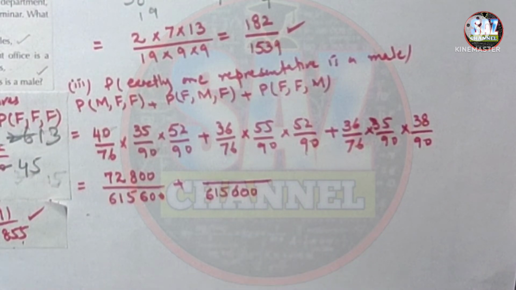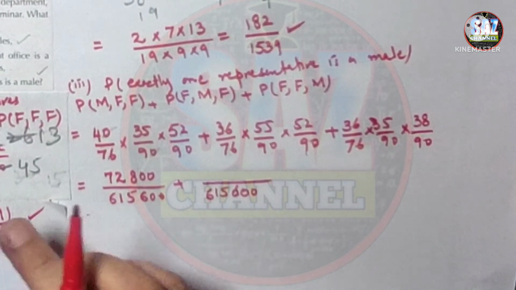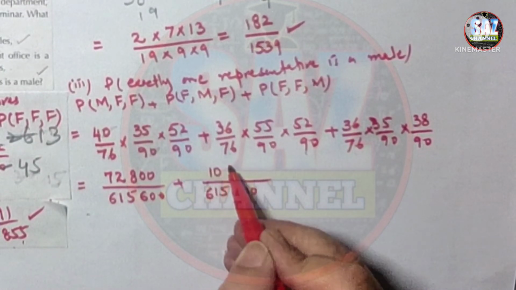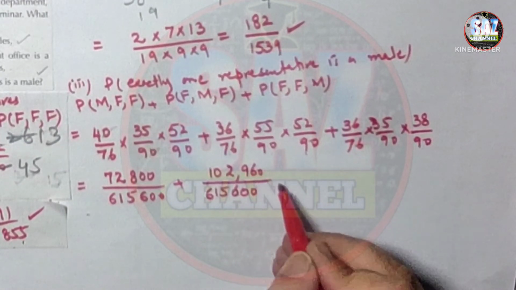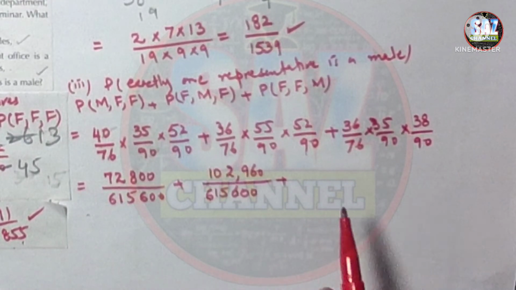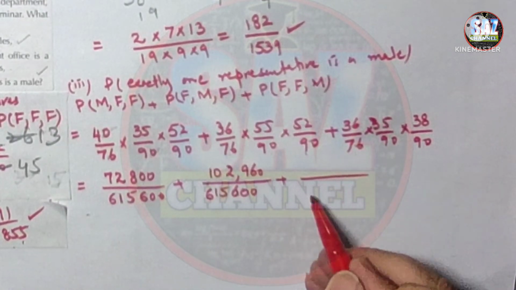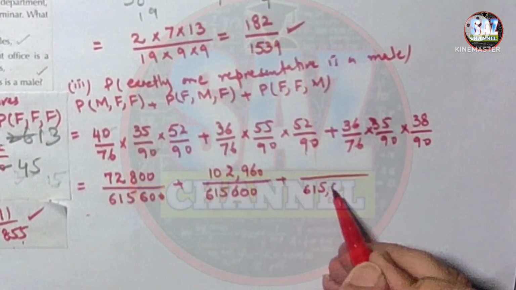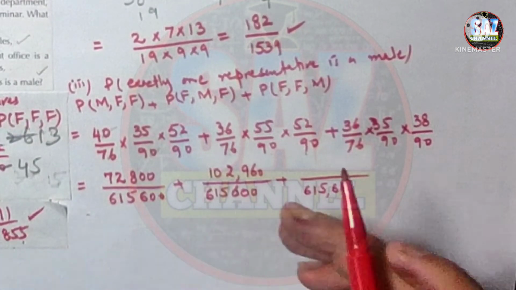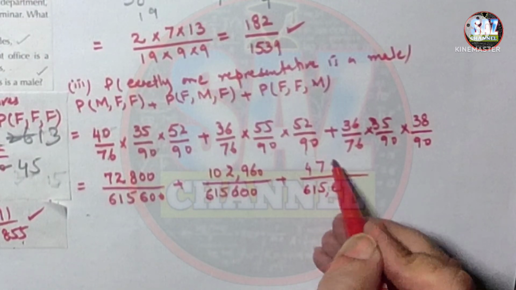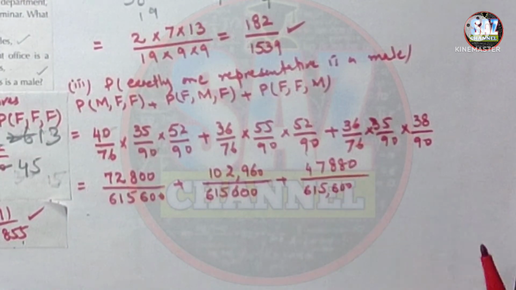Now I have to multiply 36 by 55 by 52, and this gives me 102,960 plus, again over 615,600, 36 multiplied by 35 multiplied by 38, and this is 47,880.